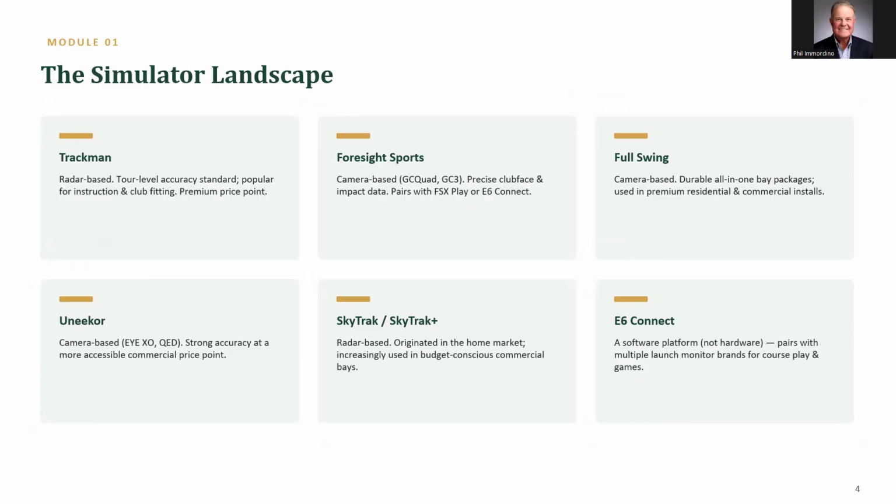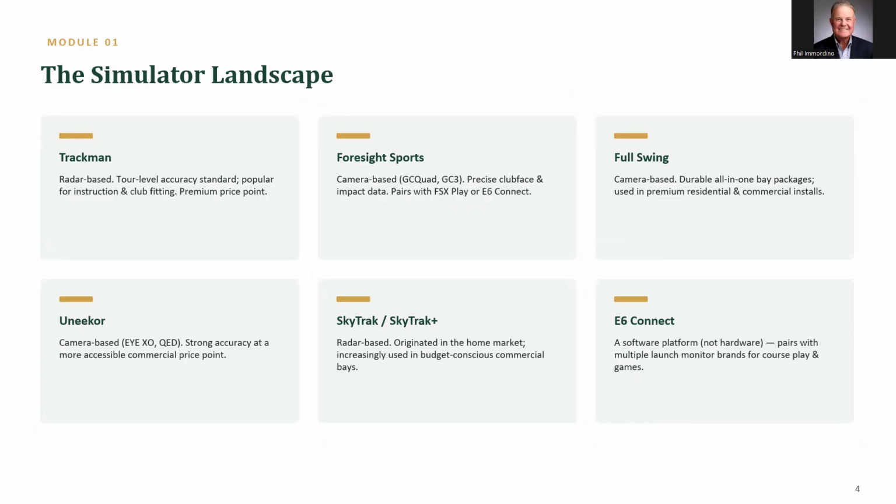It can pair with its own FSX Play software or E6 Connect. Full Swing is also camera based, known for durable, all-in-one bay packages used in both premium residential and commercial installs. Uneekor, with its EYE XO and QED units, is camera based as well and has become popular for offering strong accuracy at a more accessible commercial price point.